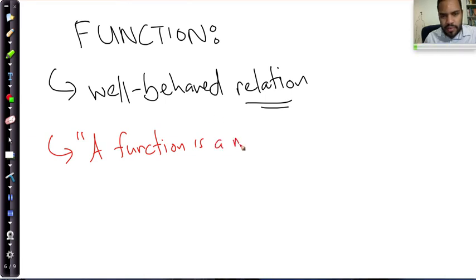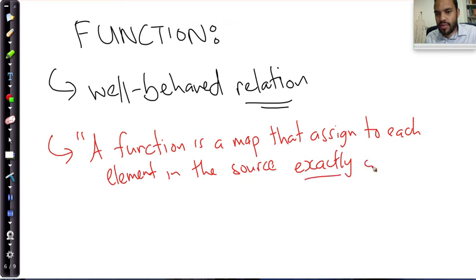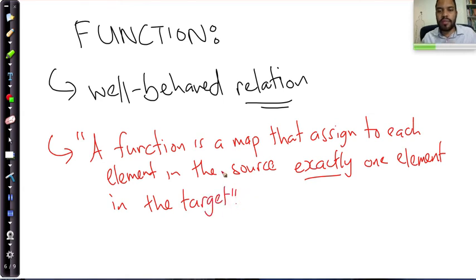So it is a map that assigns to each element in the source, which means the set from which you map from, exactly or at most one element in the target. So every element in the source goes to at most one element in the target.